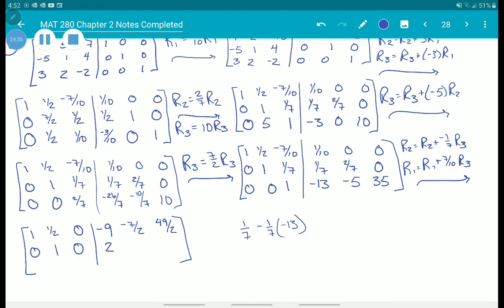It's 2. 2/7 minus 1/7 times -5. That's 1. And then 0 minus 1/7 times 35 is -5. Bottom row stays the same.